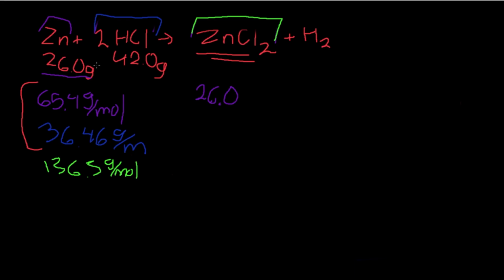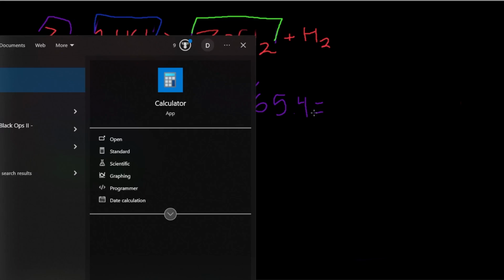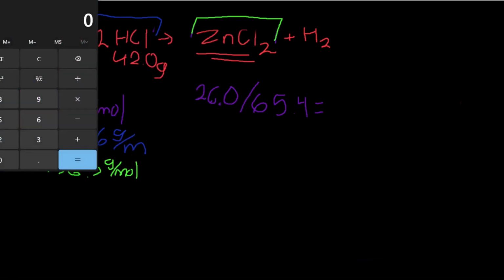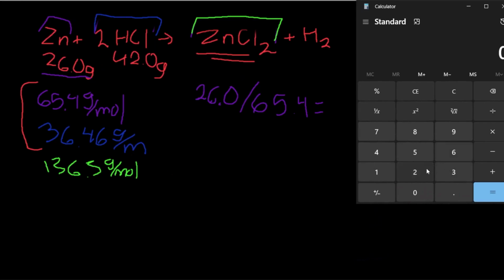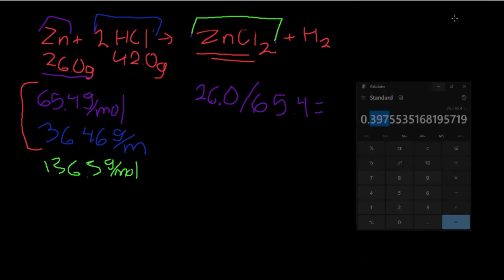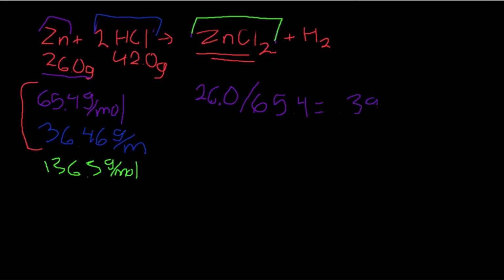Remember, going grams to moles, we divide by the molar mass. So 26.0 divided by 65.4. Rounded to 3 sig figs, that gives us 0.398 moles.